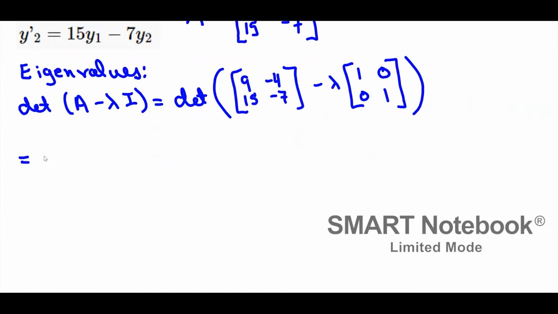So this is the same thing as the determinant of 9 minus lambda, 15, -4, -7 minus lambda.